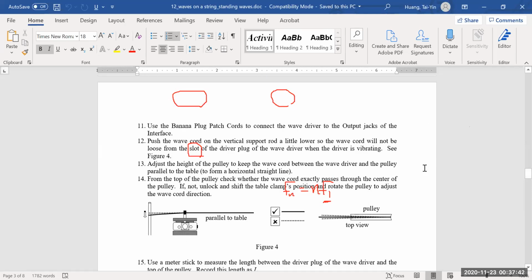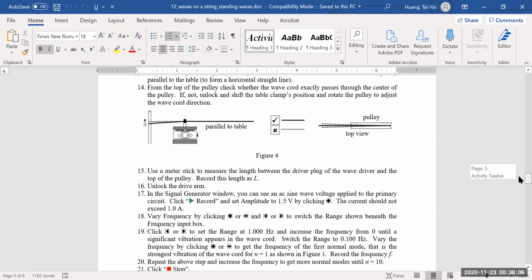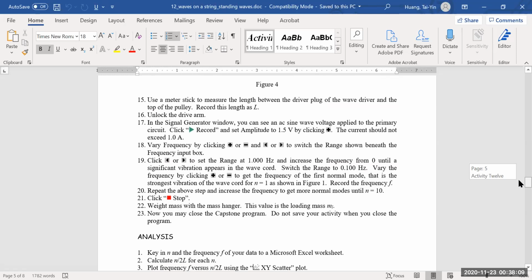A couple of things to bear in mind when you set up: on one end this needs to be pushed down a little bit, and the string has to be right at the center of the pulley, so that it does not introduce error to the setup.